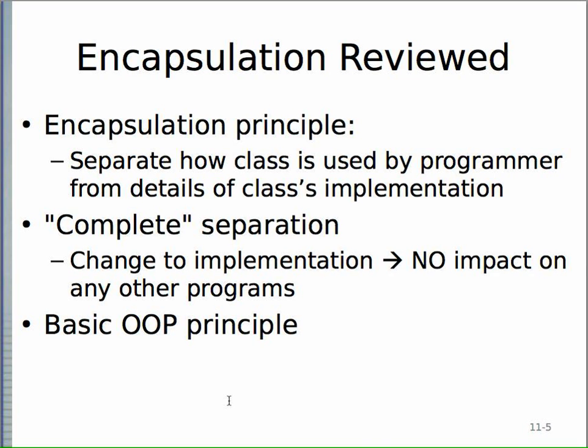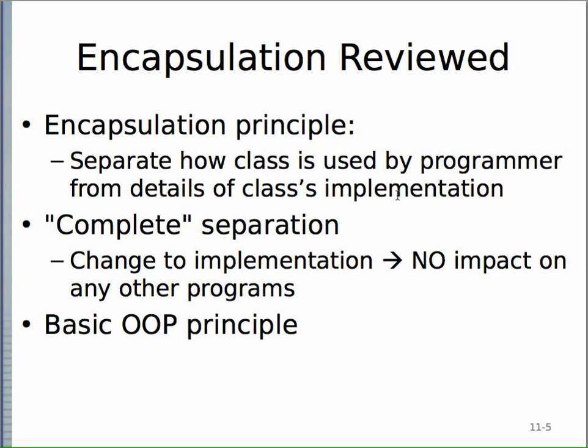As a quick review of encapsulation, these are things we look at in CSIS 235, and when we look at Java, the basic idea is we want to look at how the class is used by the programmer, keep that view in mind, and also separate that from the details of how you would set up the class. So for example, let's say you set up a class that keeps track of a list of strings.